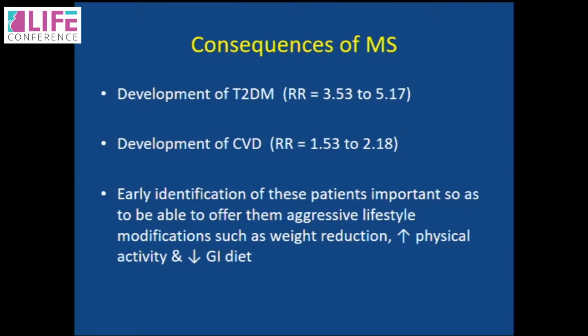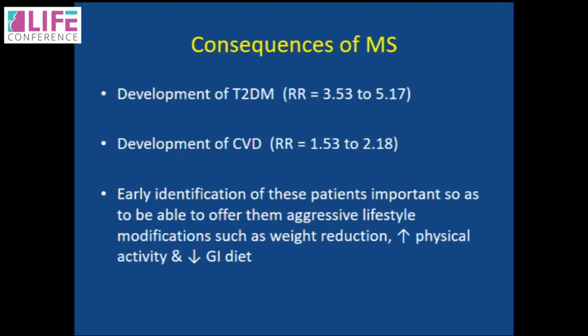So it's very important for us to identify these individuals early in order to offer them aggressive lifestyle modifications such as weight reduction, increased physical activity, and an improved diet. And in the US, a lot of OBGYNs see patients on an annual basis when they don't necessarily have a problem. They just come to see the OBGYN for what they call an annual visit.